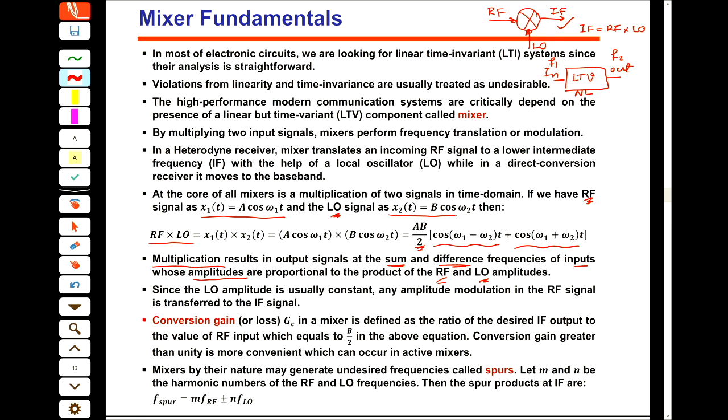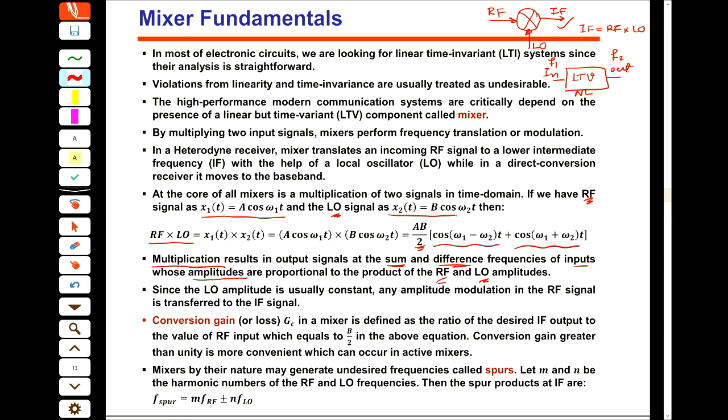Then we say that if we assume that this LO amplitude is constant, because LO is something that we are generating in our receiver, so it's not dependent on the input signal. RF is something that we get from the antenna. LO is something that we are generating in our system to, for example, down convert or up convert.